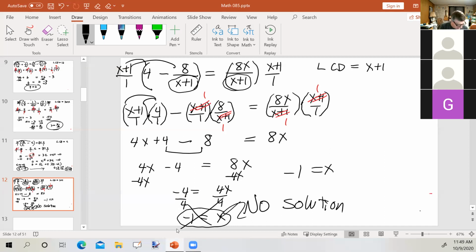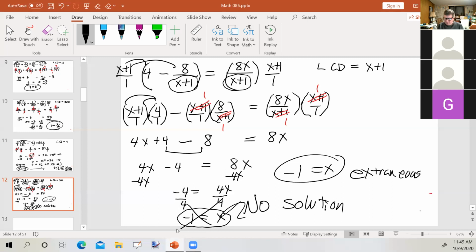Let's see, how do you spell that? E-X-T-R-A-N-E-O-U-S, extraneous. And so basically, I believe WebAssign will say find solutions, and then it'll say something about whether they are extraneous. So you're going to say that this is extraneous.